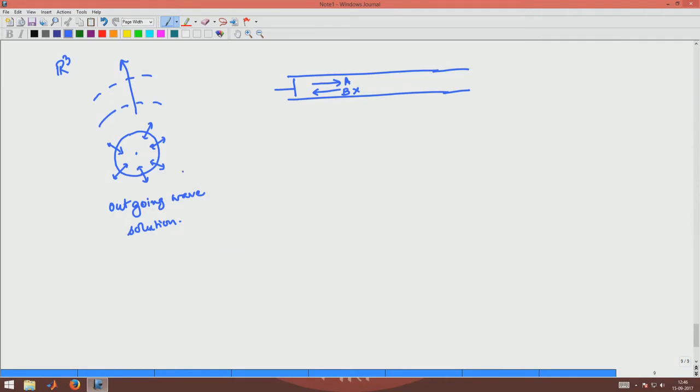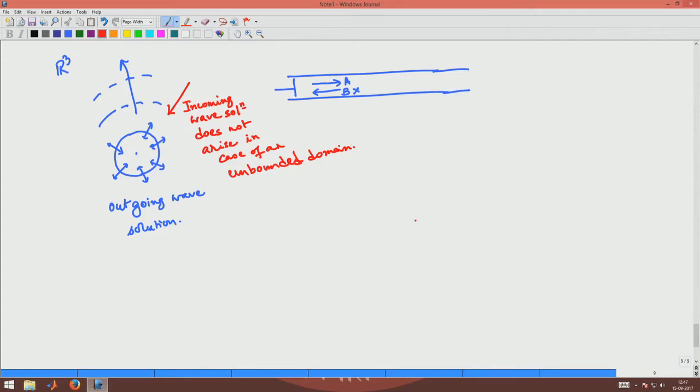But just like you do not have reflection in an infinite duct, and thus the incoming solution does not arise, similarly the incoming wave solution does not arise in the case of an unbounded domain, that is, a domain wherein there is no boundary.